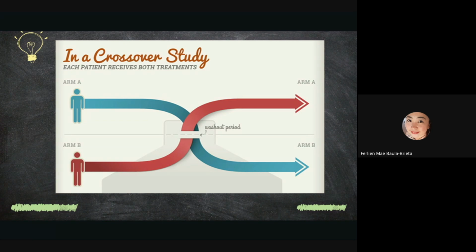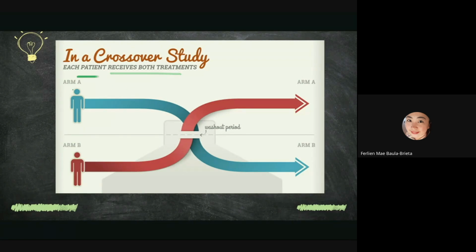So the crossover design is employed to make sure that these differences are taken out of the picture by allowing all of the participants, all of the enrollees, to receive both of the treatments.